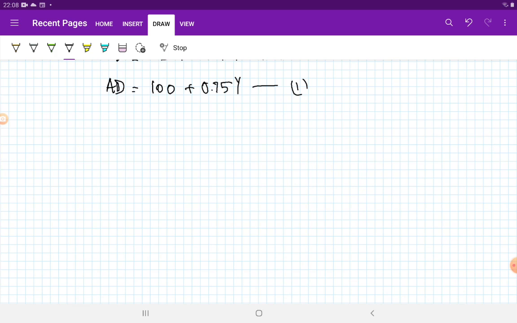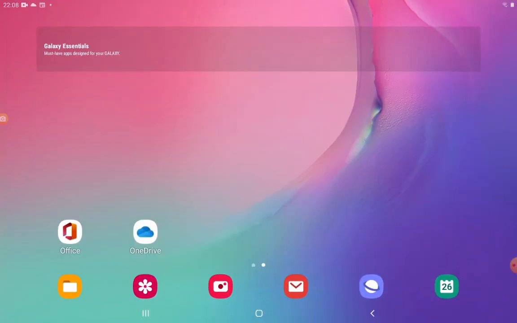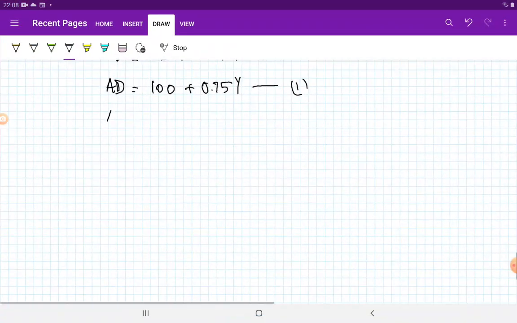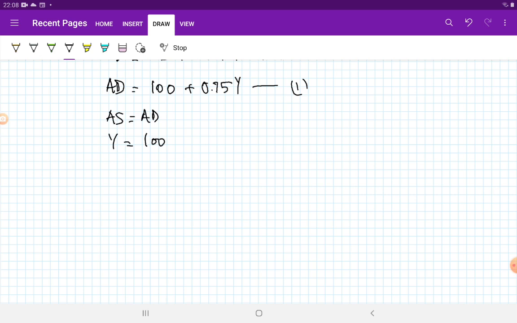Now, you can solve this aggregate demand equals aggregate supply mathematically or algebraically by putting aggregate supply equal to aggregate demand. So aggregate supply is Y, aggregate demand is 100 plus 0.75Y. So taking Y to the left hand side, I've just done two steps together.